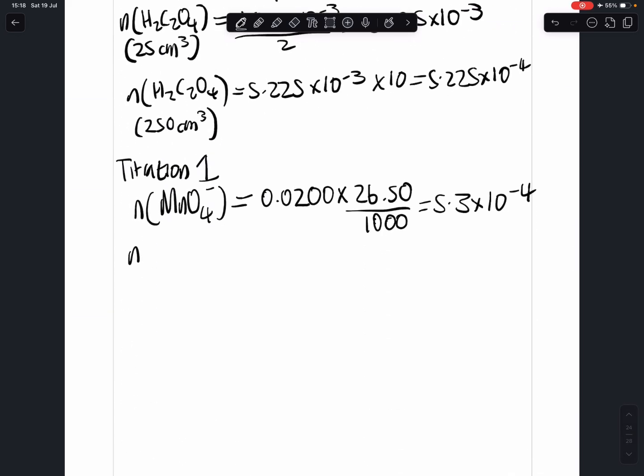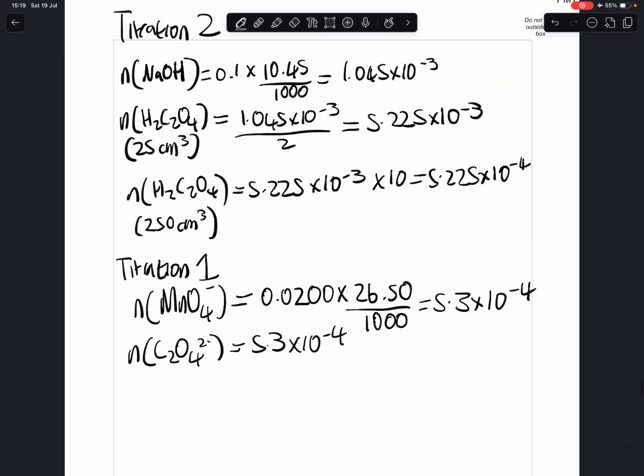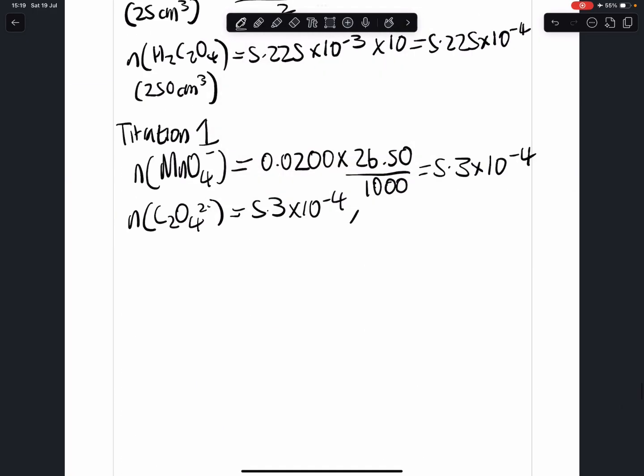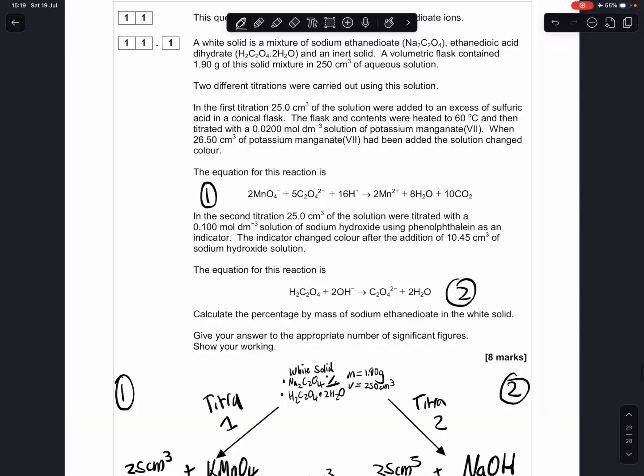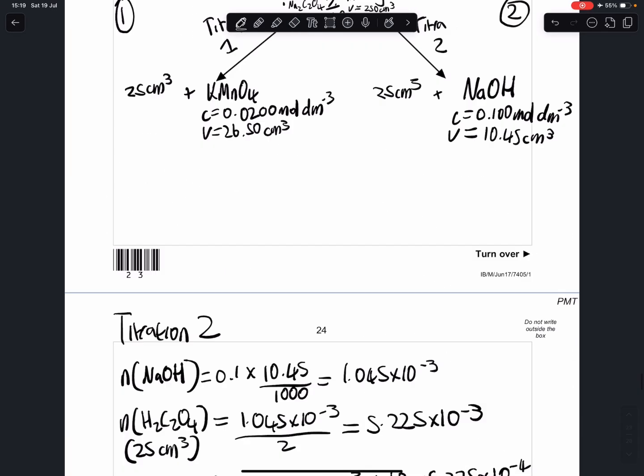So we get our answer, 5.3 times 10 to the negative 4, and because we want to divide by 2 and times by 5, we can just multiply it by 5 over 2. It's the same thing. And that will get us our moles of C2O4 in 25 centimeter cubed in this reaction here.